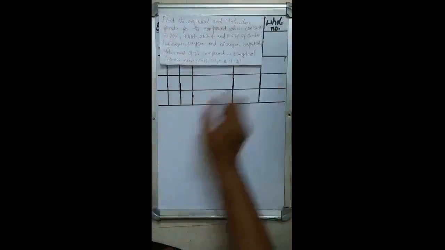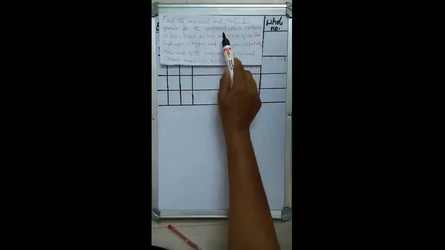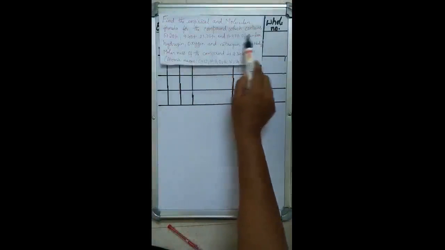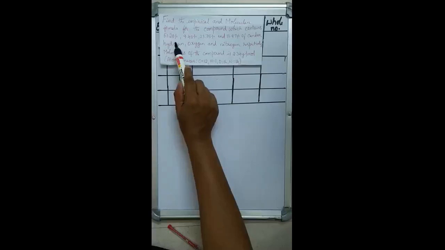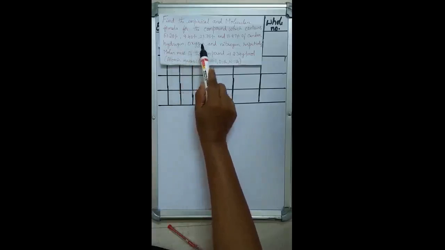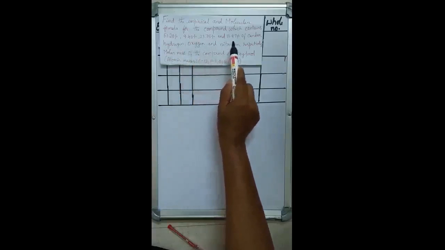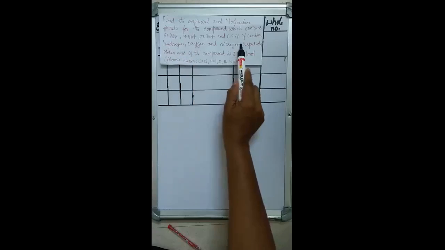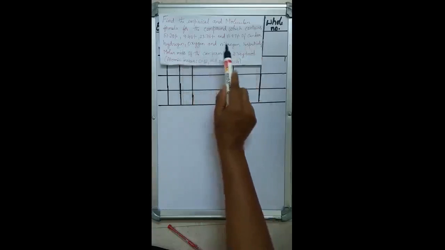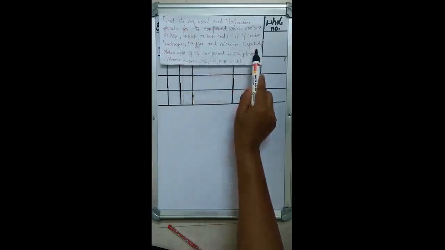Now, next, second problem. Find the empirical and molecular formula for the compound which contains 51.28%, 9.40%, 27.35% and 11.97% of carbon, hydrogen, oxygen and nitrogen respectively.